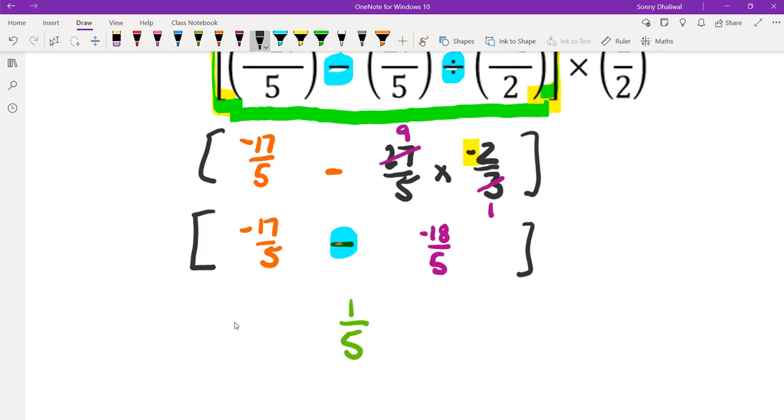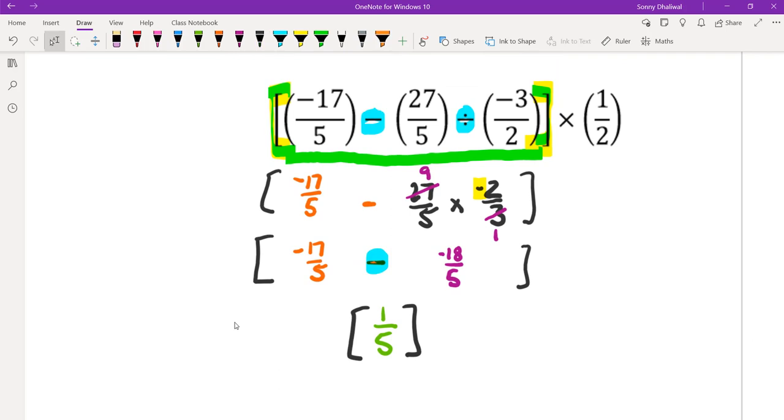So that is inside of these square brackets. We refine this bracket all the way down to a single fraction. That's the goal. You pick something to work with, and you work with it all the way down to a single number or fraction.